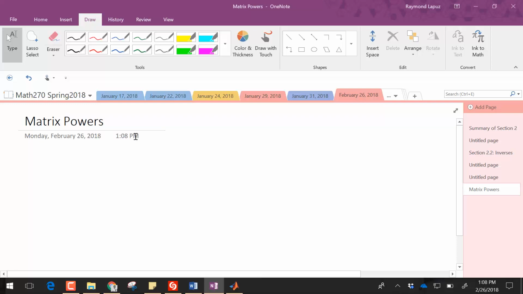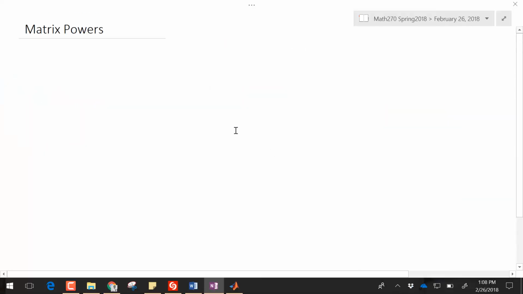So what can we say about matrix powers? Yeah, it just works like normal exponents, right? So A to the n power is equal to A times A times A and so on.